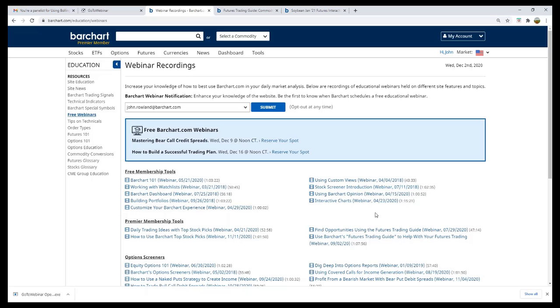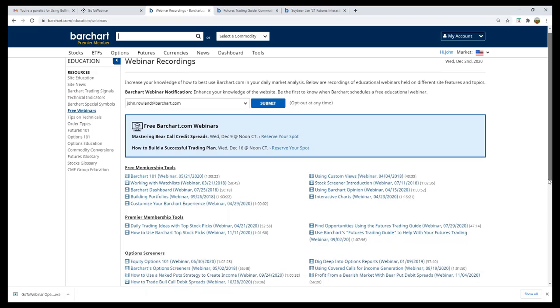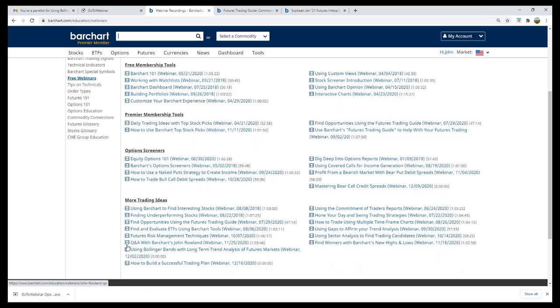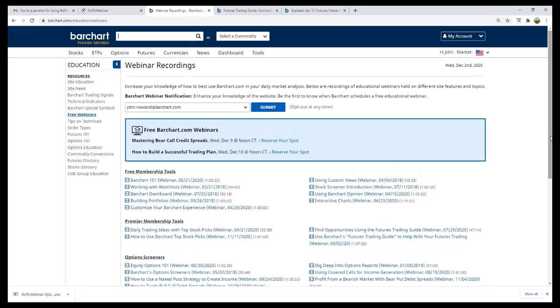The ones I want to highlight are finding opportunities using Futures Trading Guide, that webinar from July 29th, and Futures Trading Guide Help from September 2nd. The other one is Futures Risk Management Techniques. Those 3 webinars, which I will reference throughout today, will give you some of that base information that I'm going to assume you already have as we build upon it today.